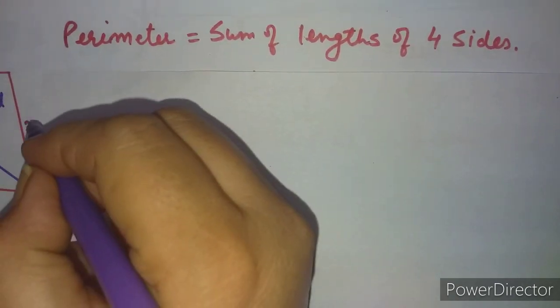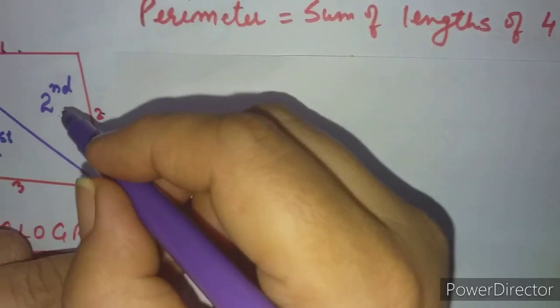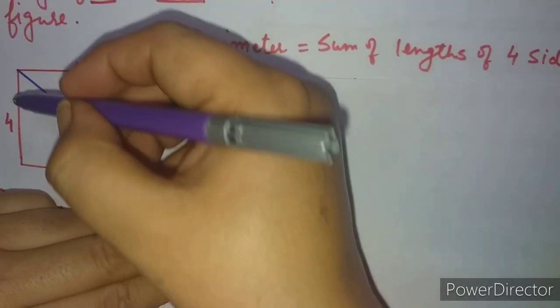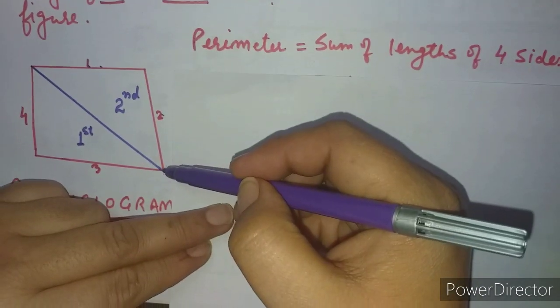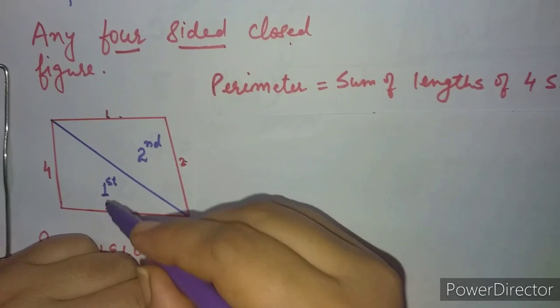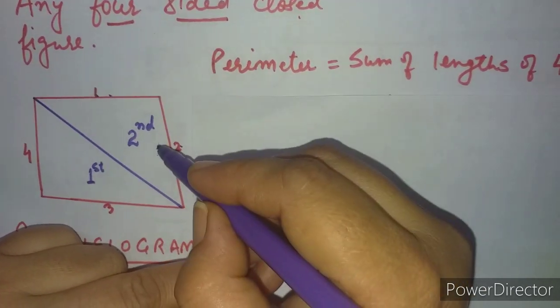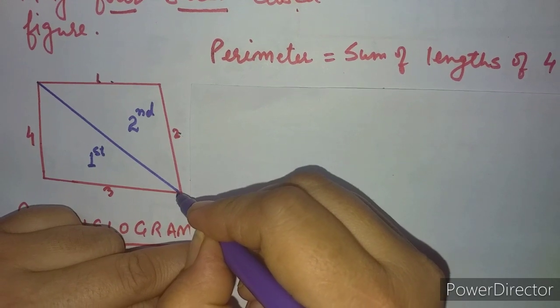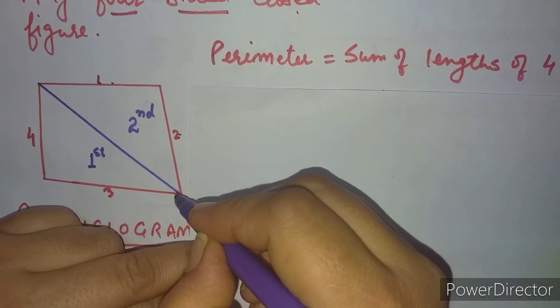Before we go to the formula for the area, I want to bring you back to the figure, where I have drawn one diagonal. A diagonal is a line segment inside a figure which we get by joining the opposite vertices, the opposite corners.